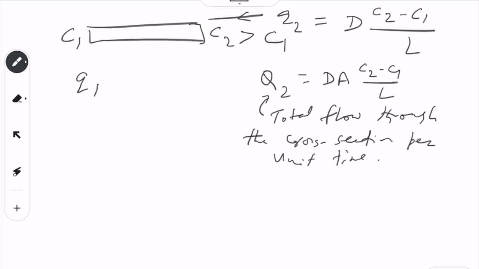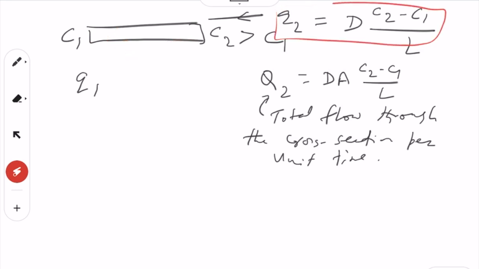And similarly here you will get this end, you can do. So basically we don't have to always write C1 greater than C2 and then derive it. Just look at here, it says Q2 equal to D times (C2 minus C1) over L. Just looking at that, we can now write, and what will we write?